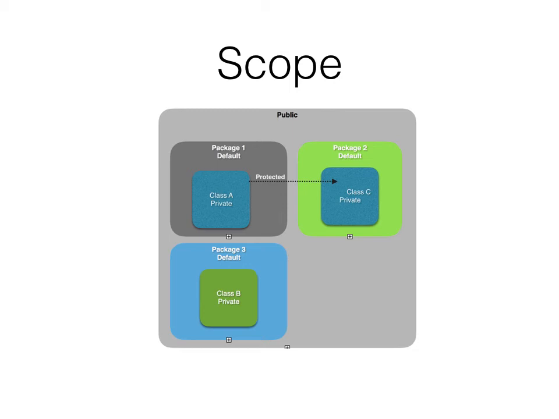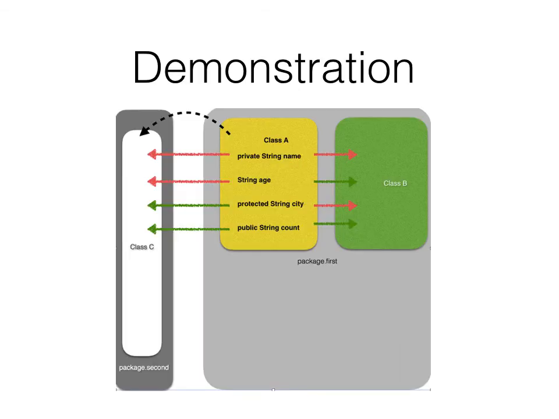Let's do a small demonstration with an example. Here I drew a small picture. As you can see, we have two packages, which I marked as package first and package second. I have a class A which has all kinds of variables. The first variable is marked private, the second is default, the third is protected, and the fourth is public.